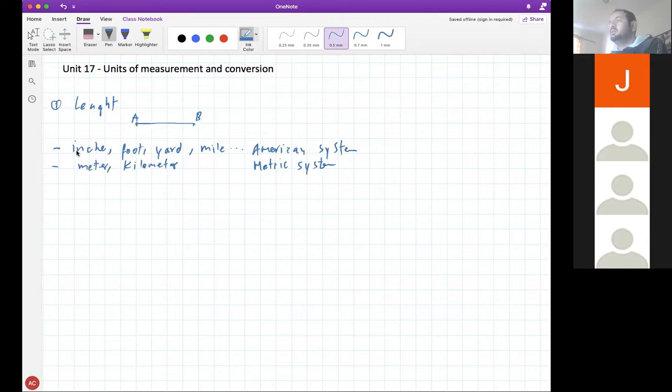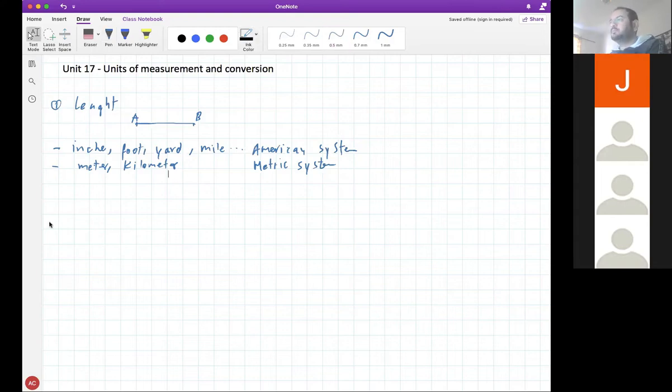So here again, we use these. But other countries, for example in Europe, use meters instead of feet or yards. First, let's see the conversions between these. Just within the American system, let's see how to convert inches into feet or feet into yards or yards into inches and so on.